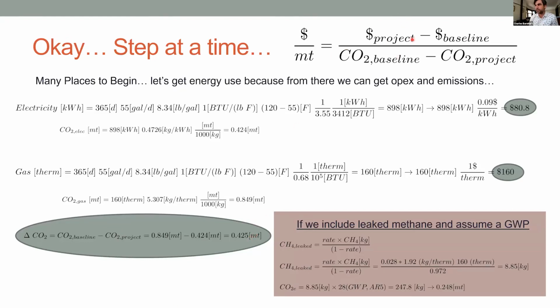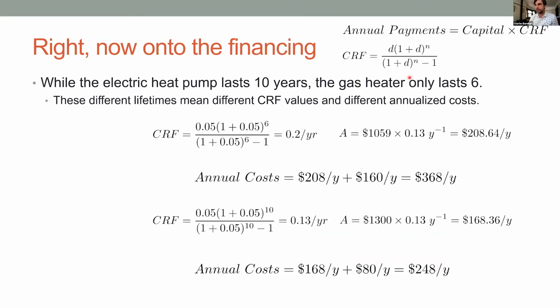Now we need the delta dollars. We have the operating costs already, 160 per year for the gas, 80 per year for the electricity. But now we have to look at the capital costs, and we're going to annualize those.